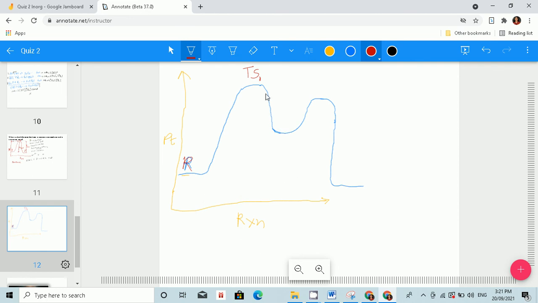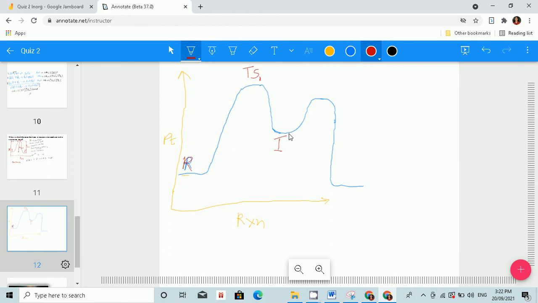The thing that has reached here is the intermediate, which is the I, and then the intermediate is your initial product for the first step reaction. It's just initial.